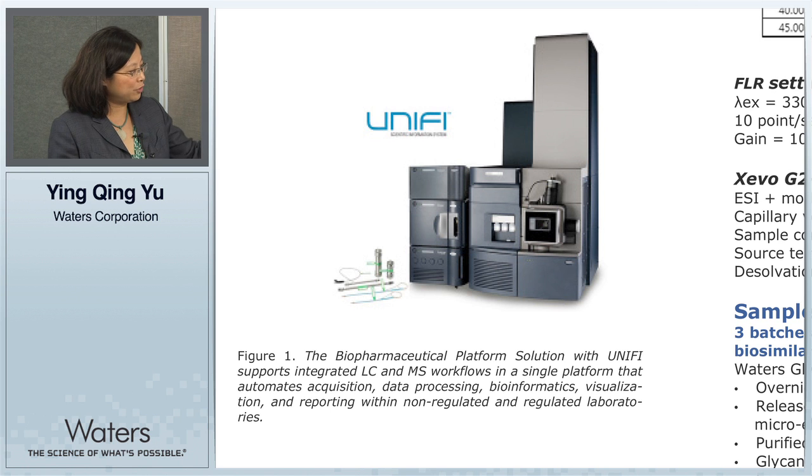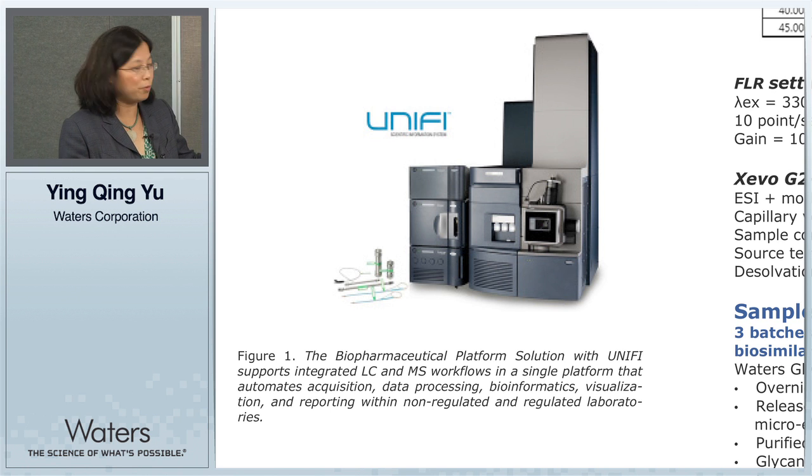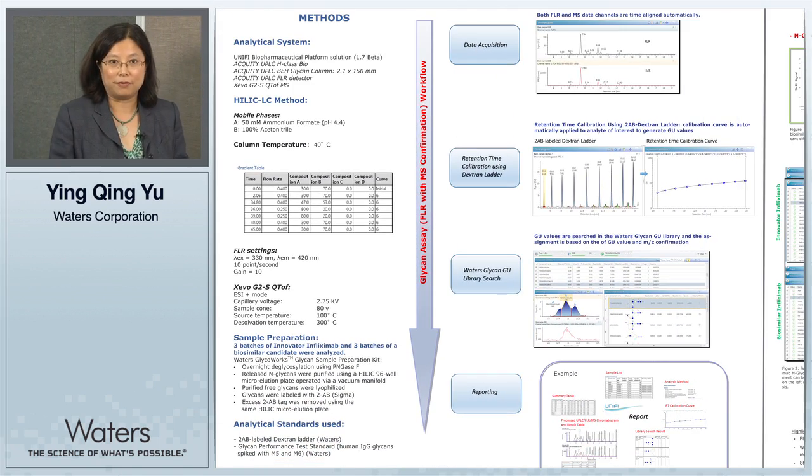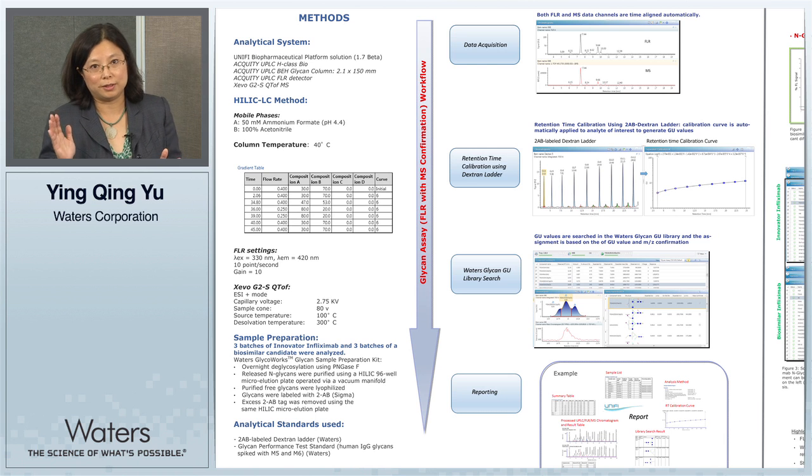It's got the LC-MS fluorescence detector and also consumables to go with it. For this study, we used 3 batches of Innovator Infliximab and 3 batches of a biosimilar candidate so that we can not only compare the Innovator with the biosimilar with the focus on N-glycan profile, we can also compare among batches for both of them.